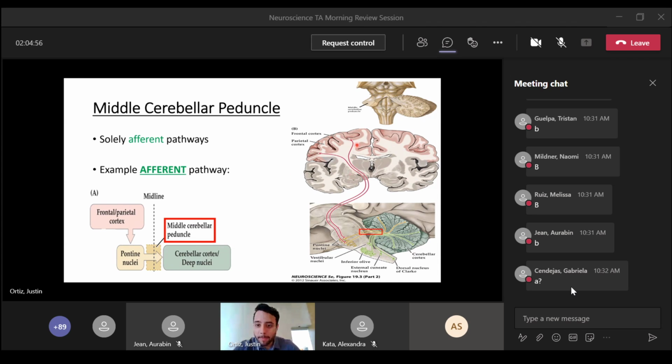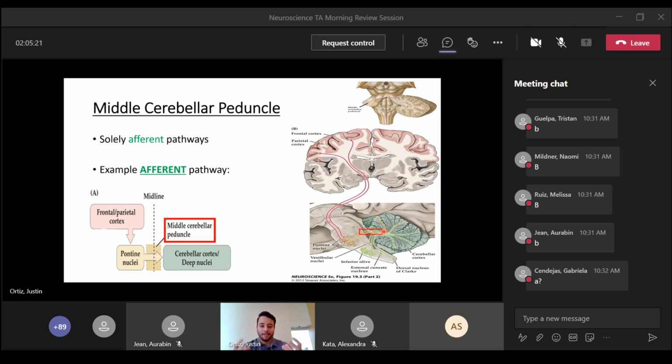So let's say I'm thinking, I want to make a movement. The frontal and parietal cortex send a signal down to these pontine nuclei located in the pons. This comes into the middle cerebellar peduncle, and the axons of the pontine nuclei make up that peduncle and send it to the deep cerebellar nuclei.